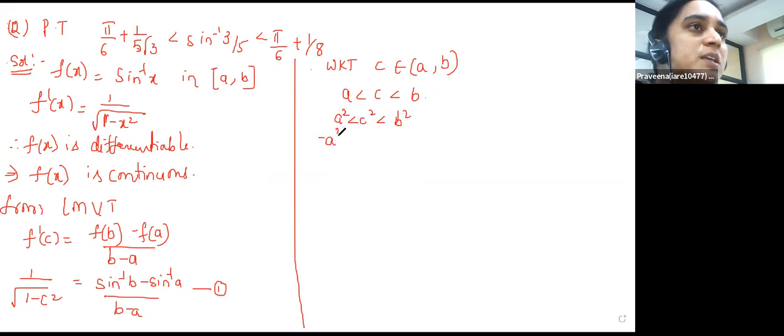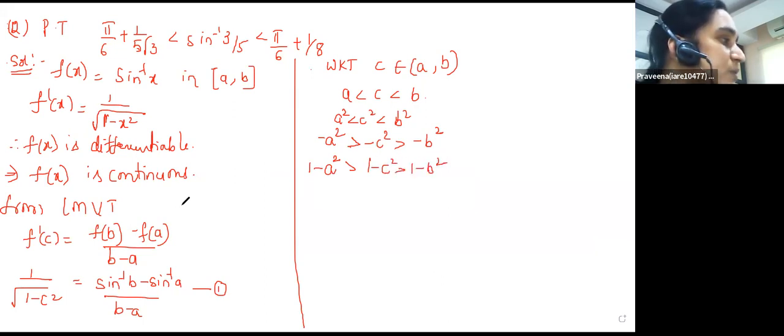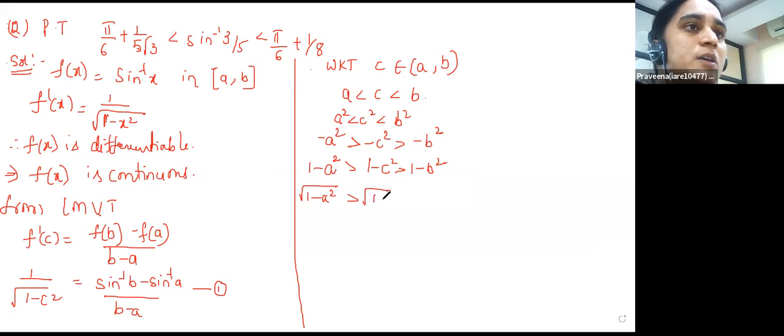Taking the negative sign, minus a square is greater than minus c square is greater than minus b square. Adding 1 on both sides, 1 minus a square is greater than 1 minus c square is greater than 1 minus b square. Taking roots, root of 1 minus a square is greater than root of 1 minus c square is greater than root of 1 minus b square.